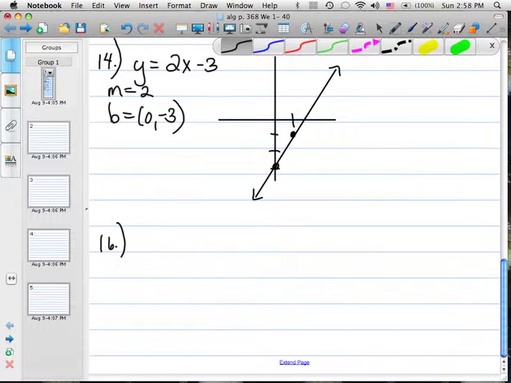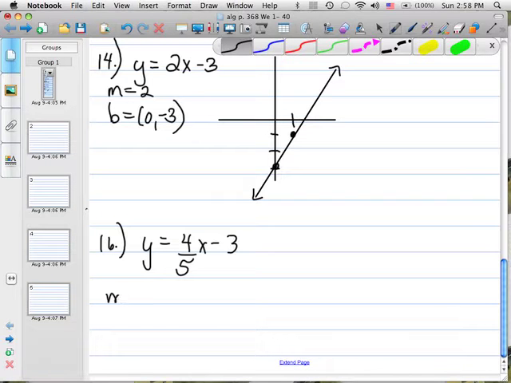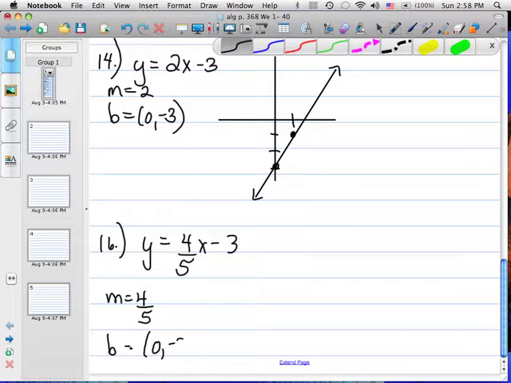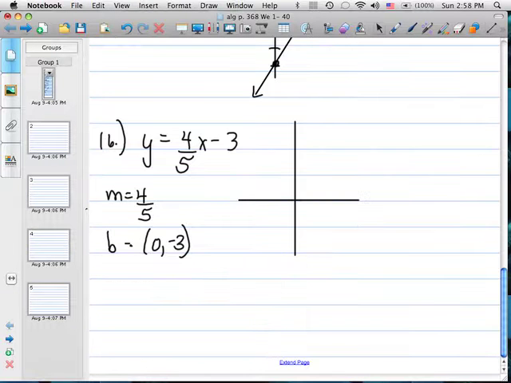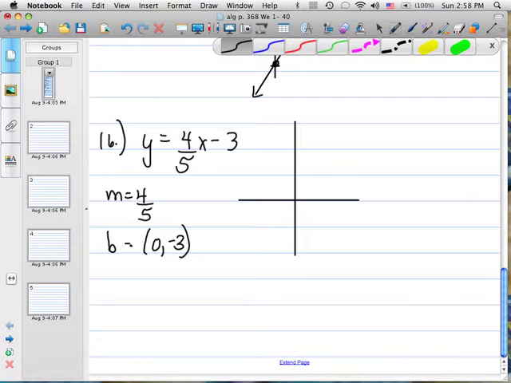Number 16, we have y equals 4/5 x minus 3. The slope is 4/5. The y-intercept is 0, -3. So we plot the point 0, -3.